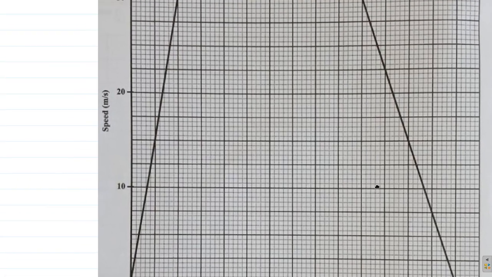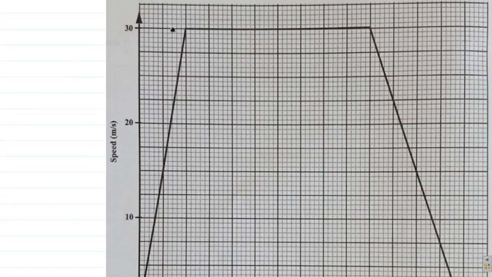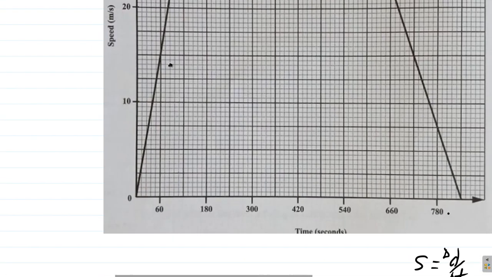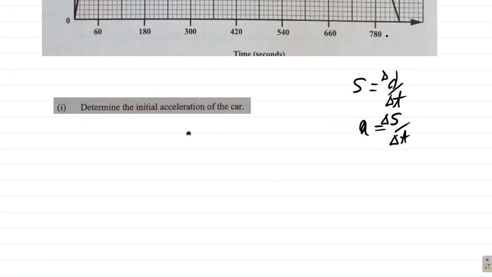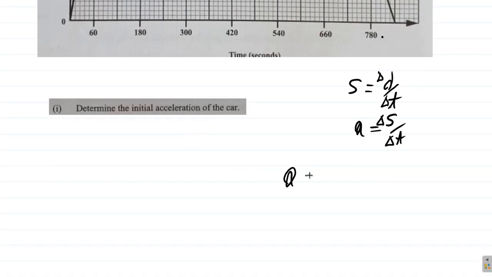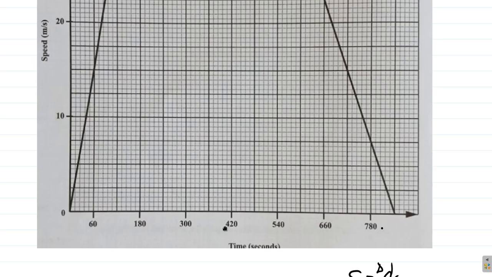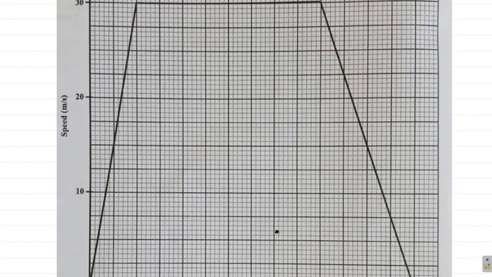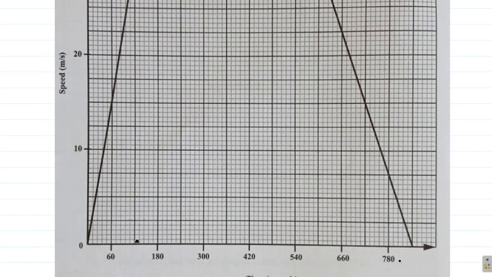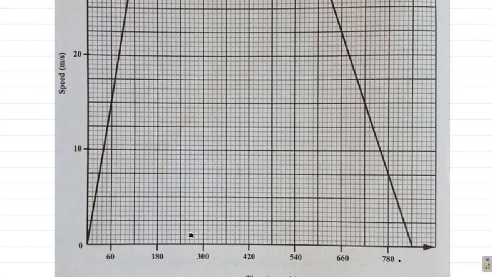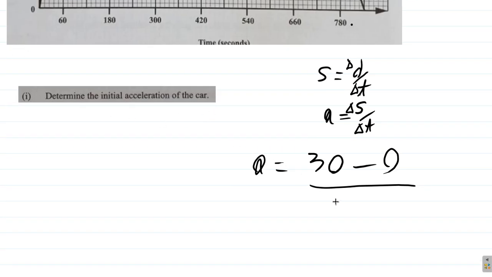Now the change in speed would be 30 minus 0, over the change in time during that period, which is 120 seconds minus 0 seconds, which is really the gradient of that line.